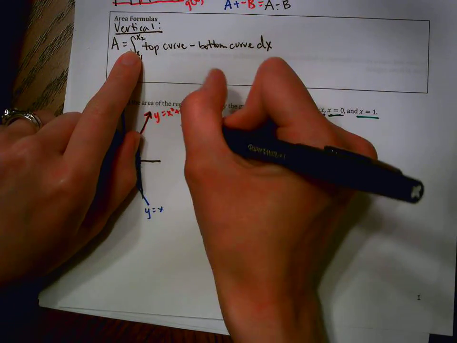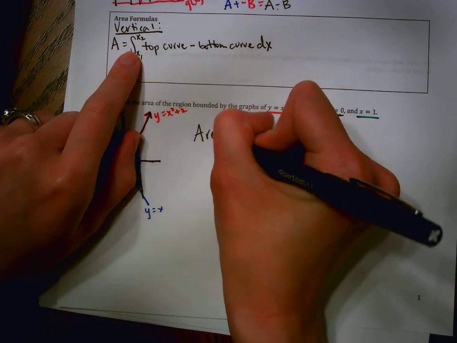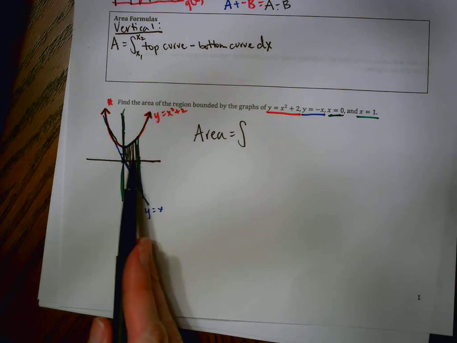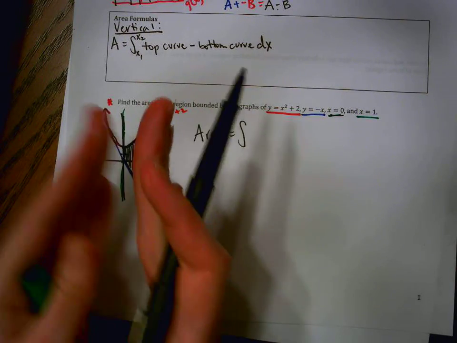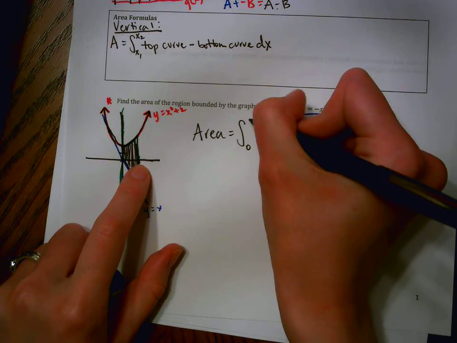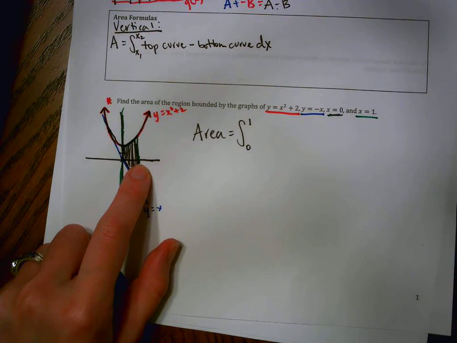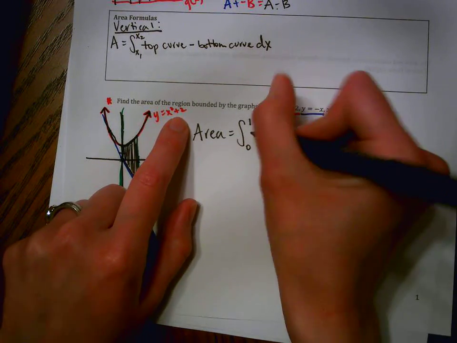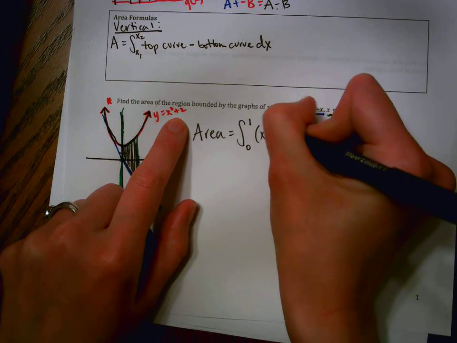Right? So the area is going to equal the integral. What's the left boundary to the right boundary? So our shape goes all the way over to x equals 0, and it goes up to the right to x equals 1. And then you're going to set up top curve minus bottom curve. So our top curve is our quadratic, x squared plus 2.